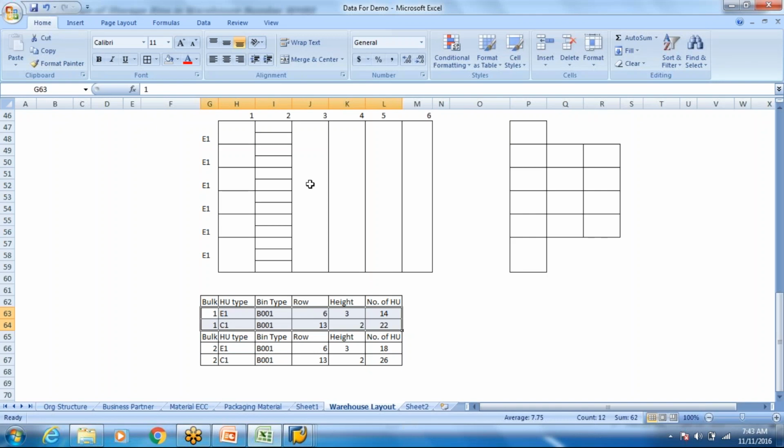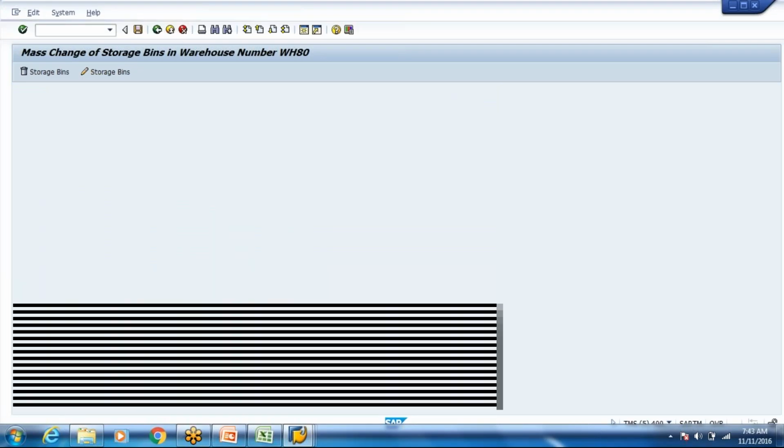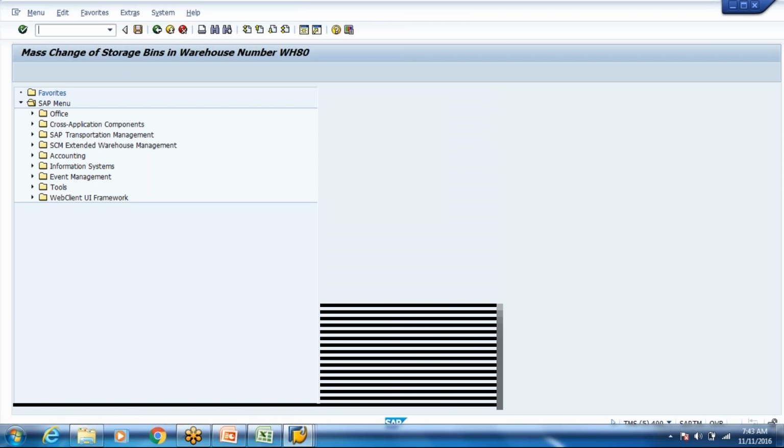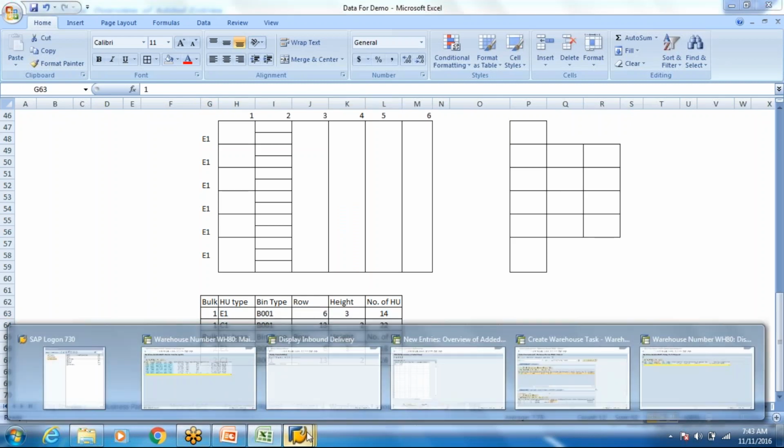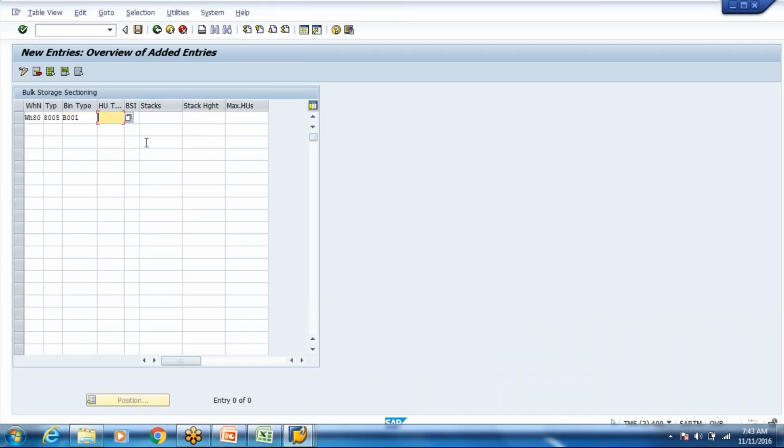So we understood that we are using our strategy on HU type. Here, B001, when we are getting a Euro pallet, you are not using the bulk storage indicator. We are saying store 6 and height 3, don't exceed more than 40.